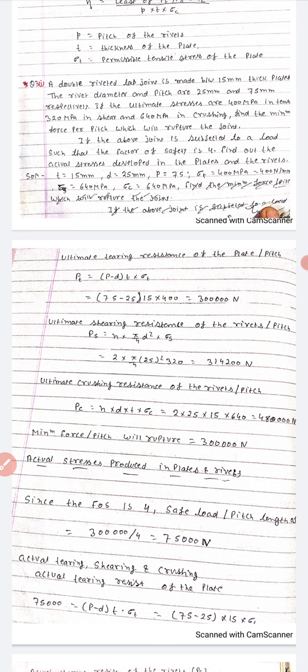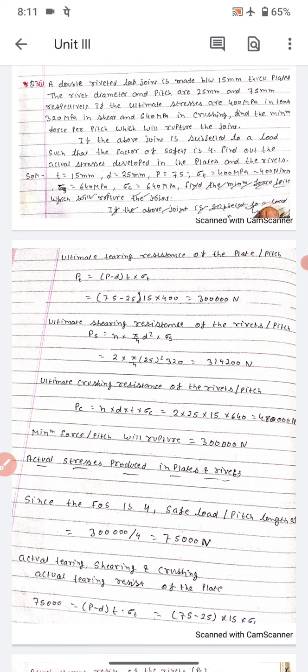First you have to find out the resistance value or the force value, that is the load, or you can say the tearing resistance, shearing resistance and crushing resistance, and then among the three you have to design for the minimum value.